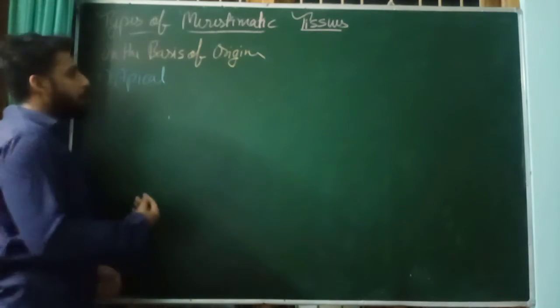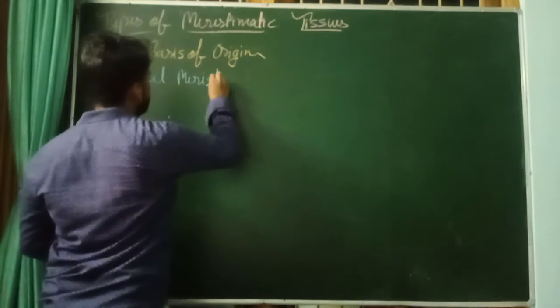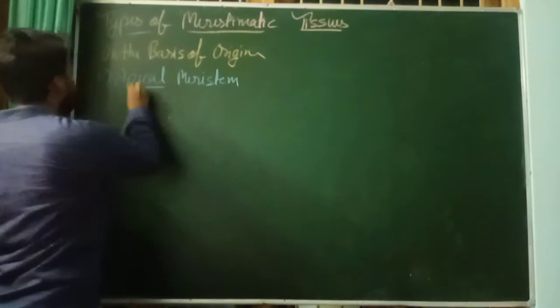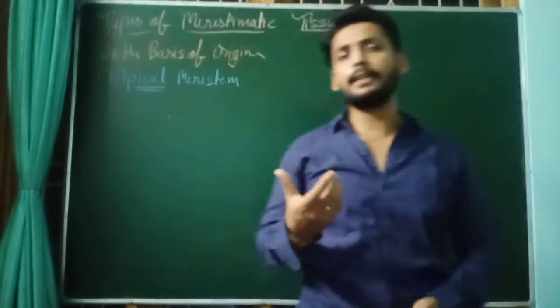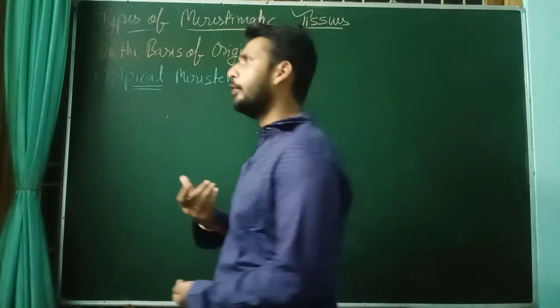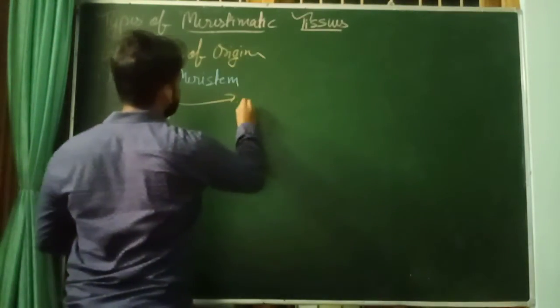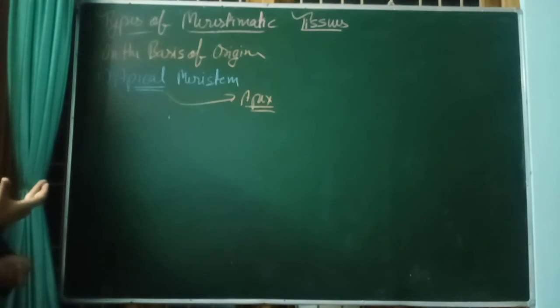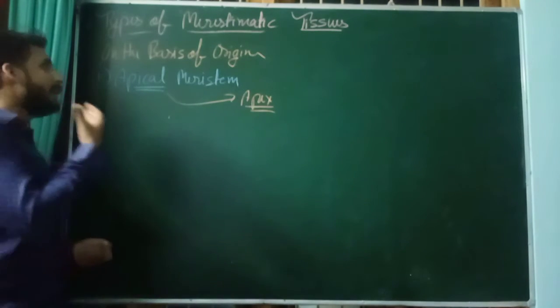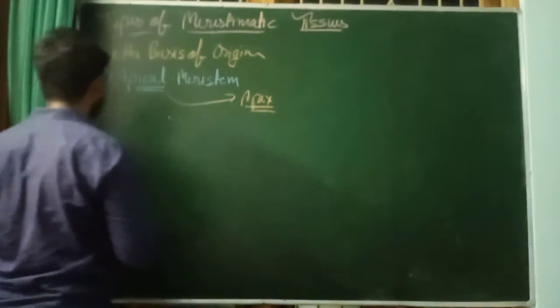Apical meristem. What do you mean by apical meristem? Here, the word apical means apex, or you can say tip. So these apical meristems are present at the tips of roots or shoots.